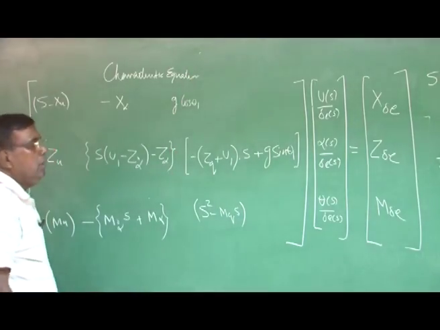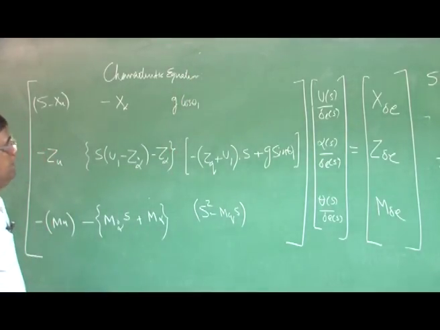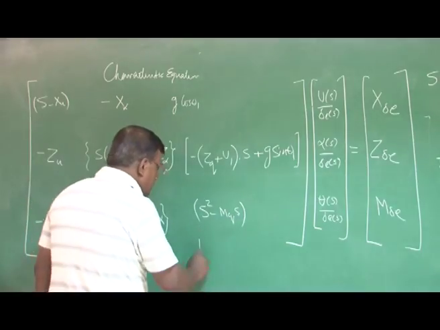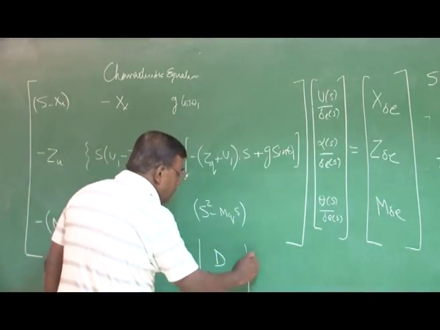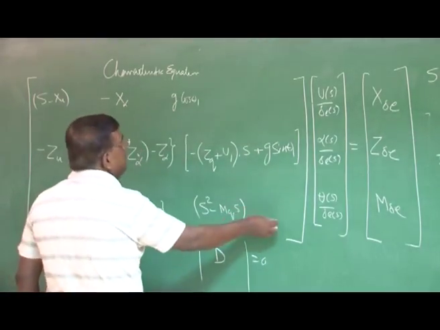for longitudinal dynamics, and if you want to find out the roots of this equation, the rule is very simple. The determinant of D will be equal to 0, where D is this matrix.